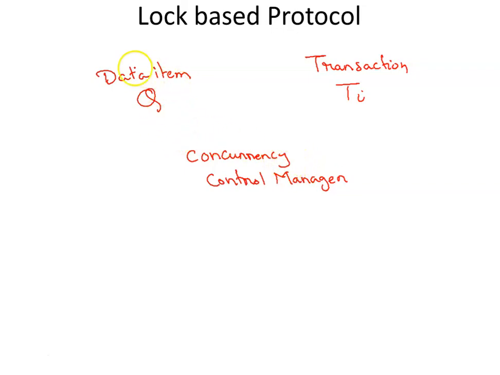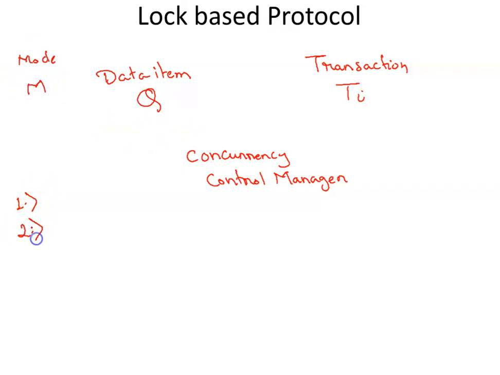For accessing this data item Q, transaction Ti will proceed as follows. Step number 1, transaction Ti will request the concurrency control manager to grant a lock on data item Q in an appropriate mode. Let's assume that the mode is M.